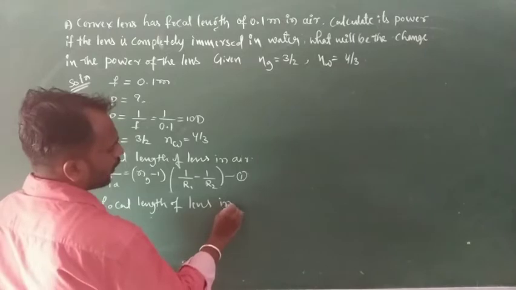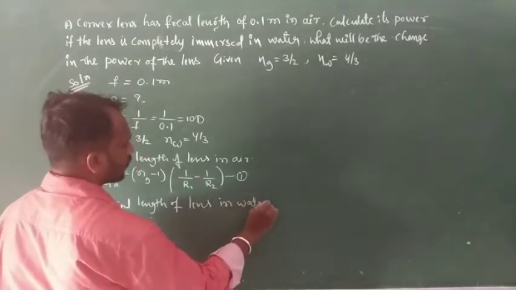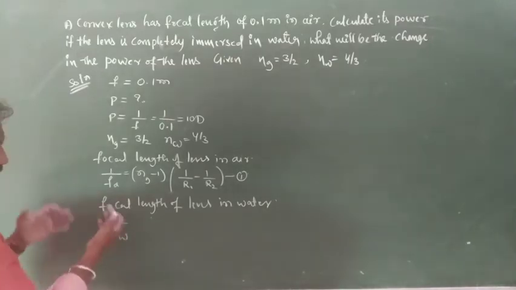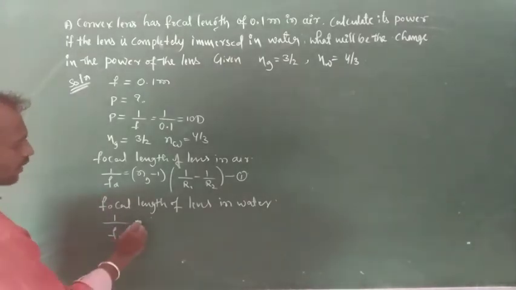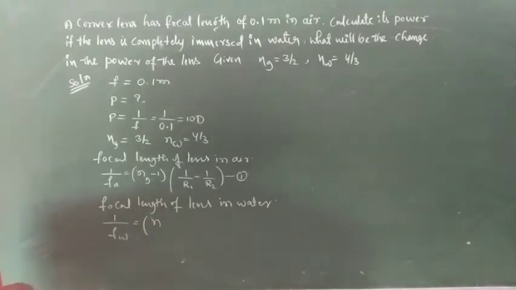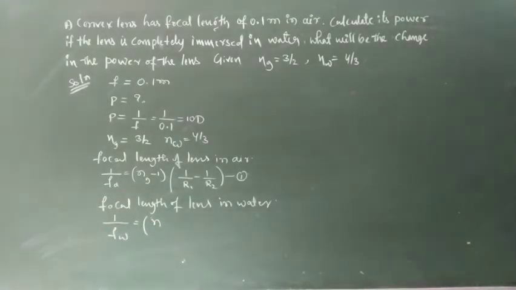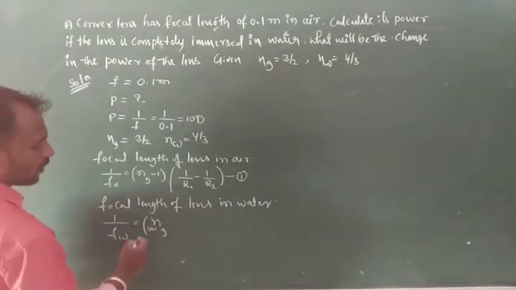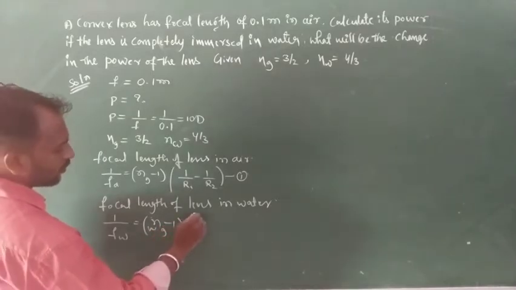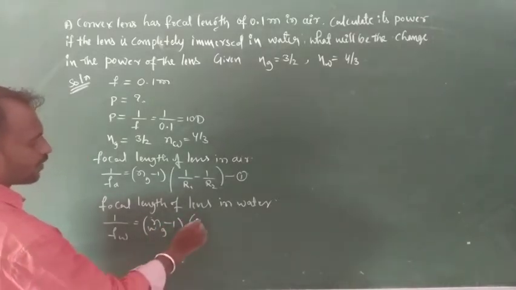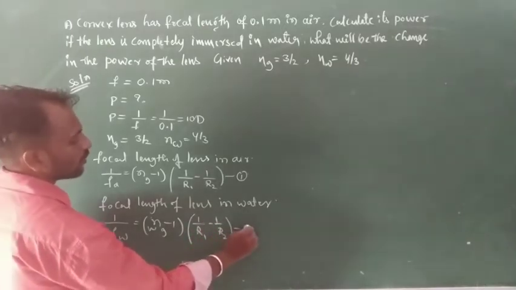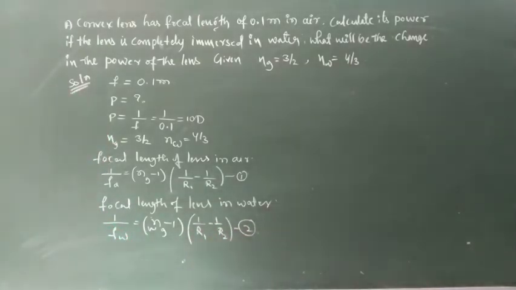And here in water, 1 divided by the focal length in water, when the lens is present in water, is equal to the refractive index of glass with respect to water minus 1, bracket complete, 1 by R1 minus 1 by R2. This equation we consider as equation 2.